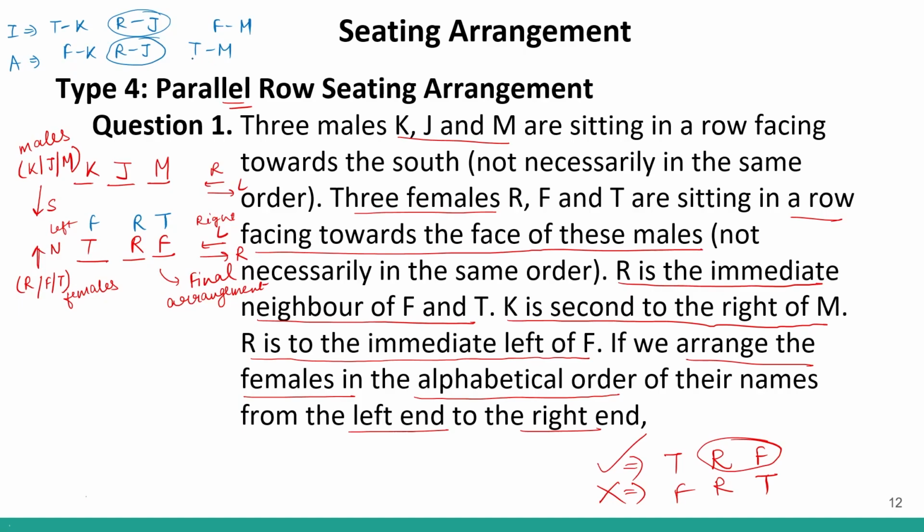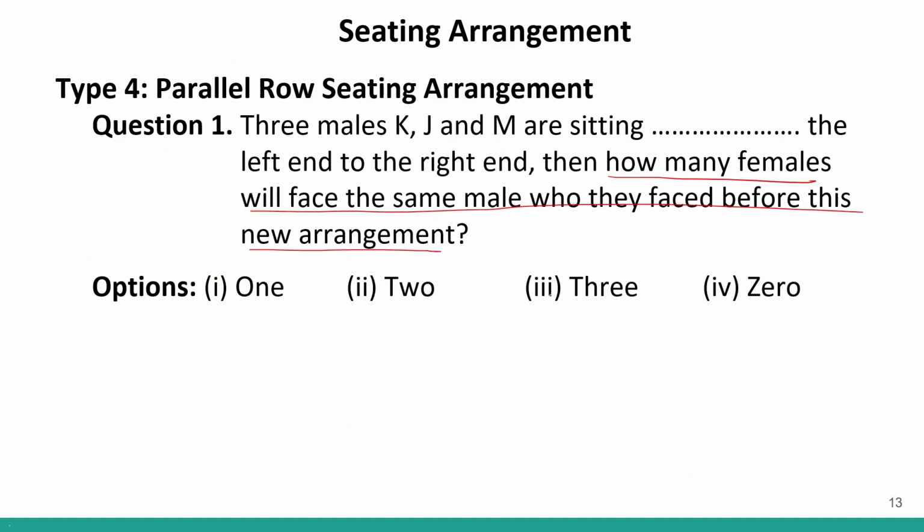So the question was asking how many females will face the same male. There is only one female, R, who will face the same male. So we will answer 1, because only one female, which is R, will be facing the same male she was facing before the new arrangement.